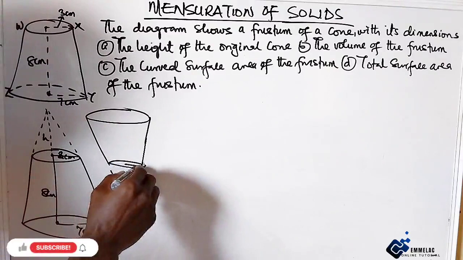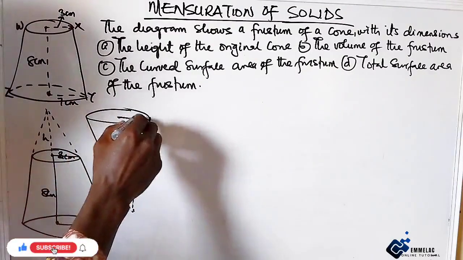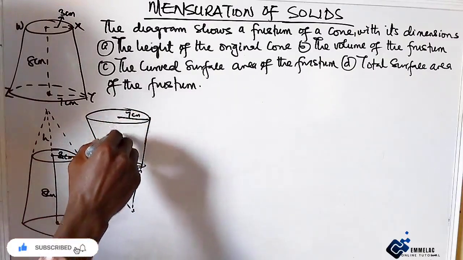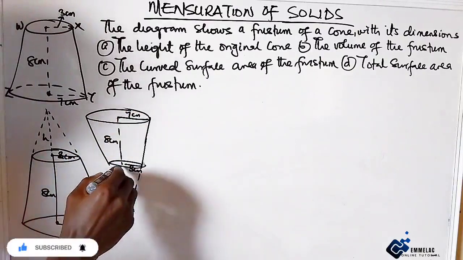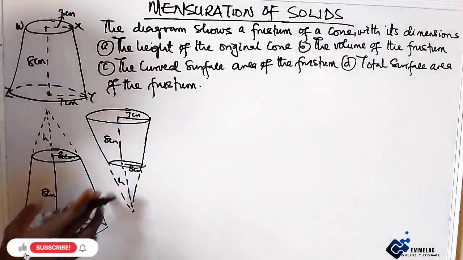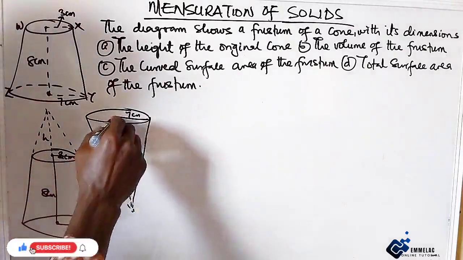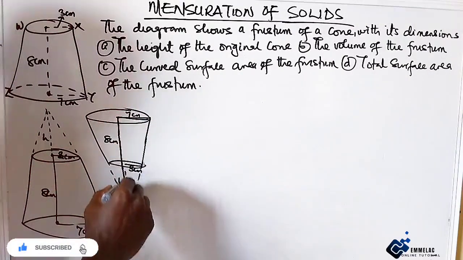Where this is 3 and where this is 7, and from here to here is 8. So this is our height. Now let us just draw out this triangle.